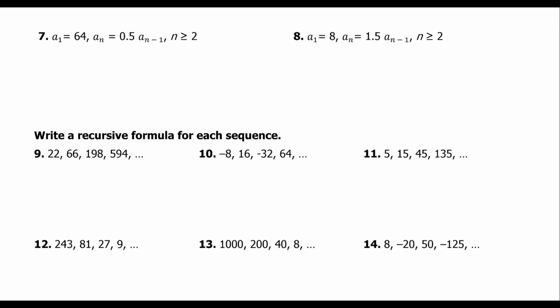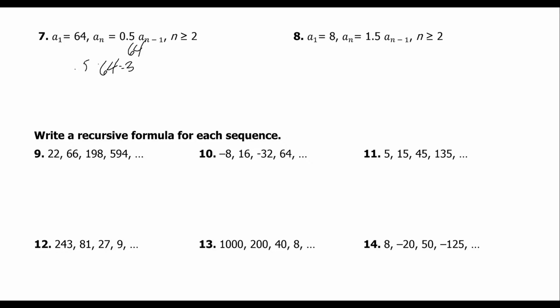Alright, side 2. So we're doing the same thing for 7 and 8 that we were doing on the previous page. All we have to do is start off with 64 on this one. And then we're going to go 0.5 times 64.